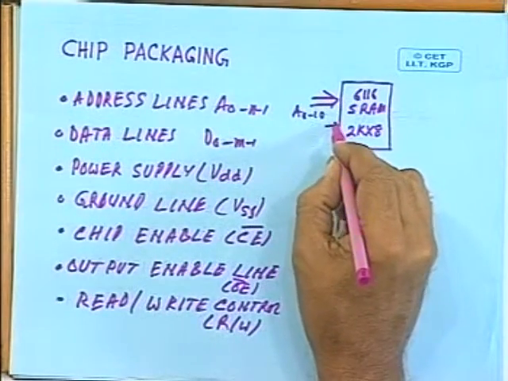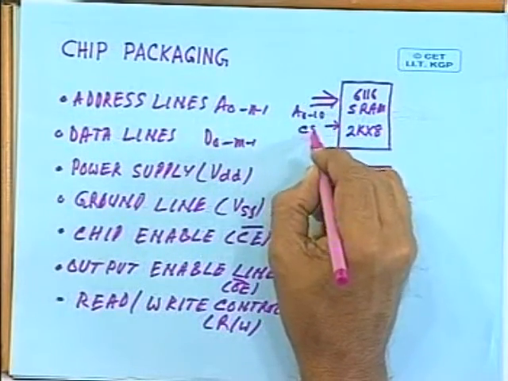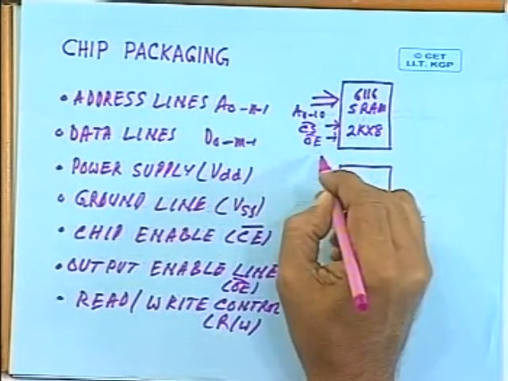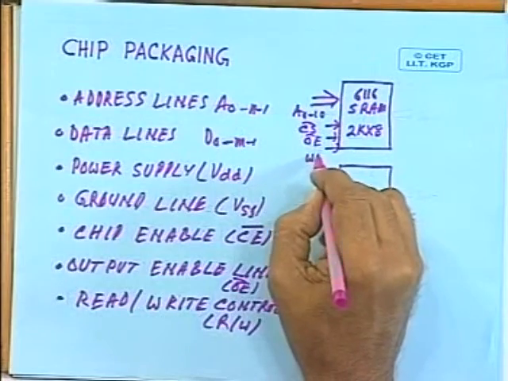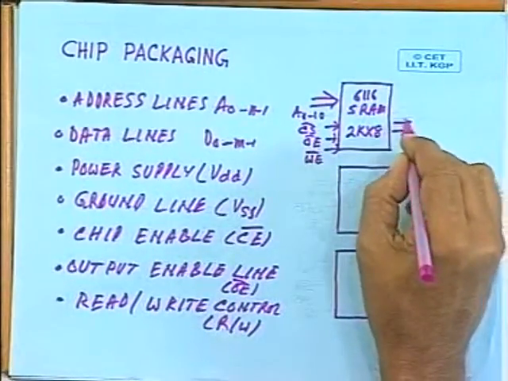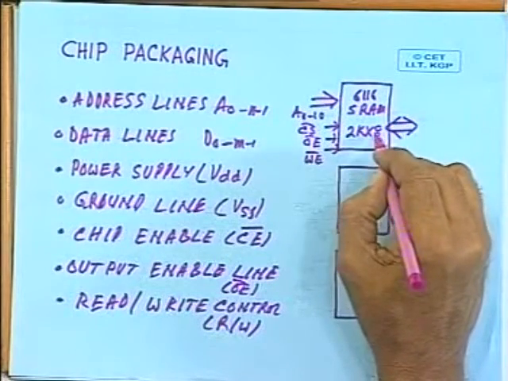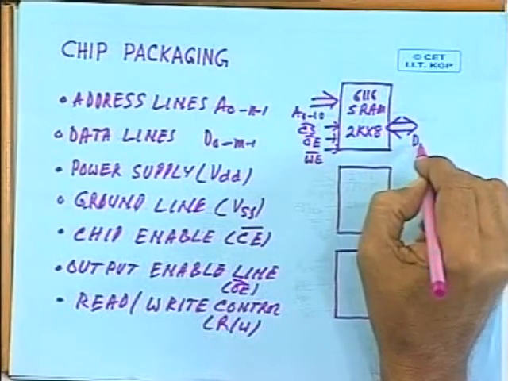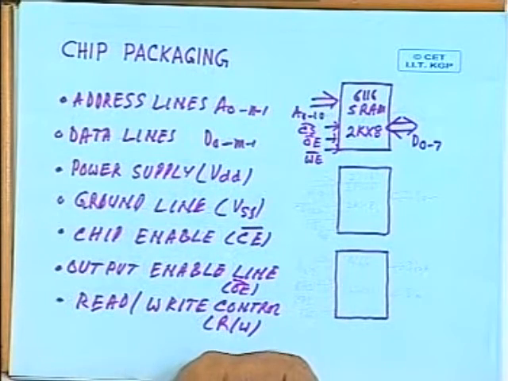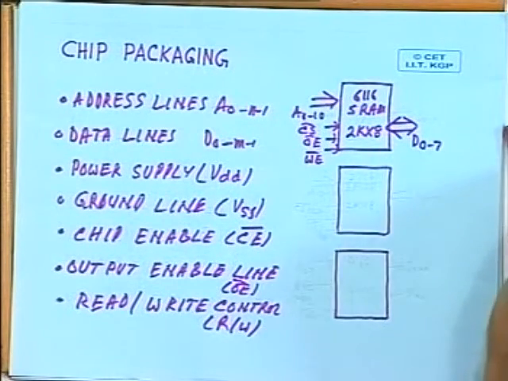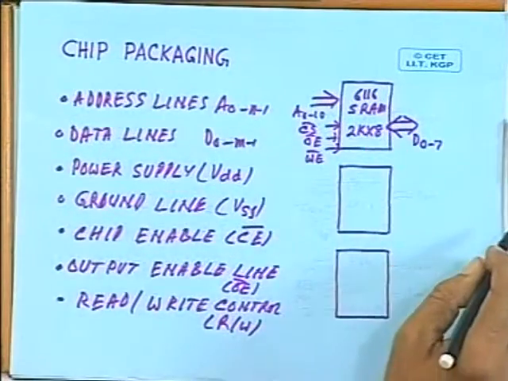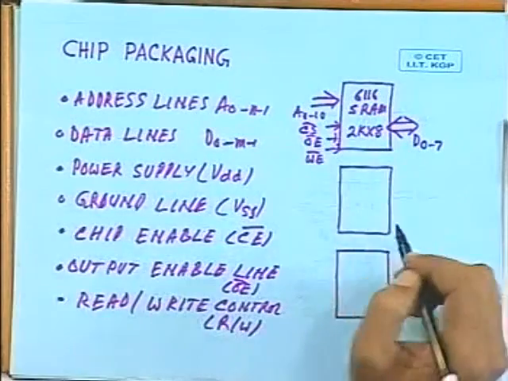Then it has got chip select, output enable, and write enable lines for control purposes. And it has 8 data lines, D0 to D7. So this is a typical static RAM chip.